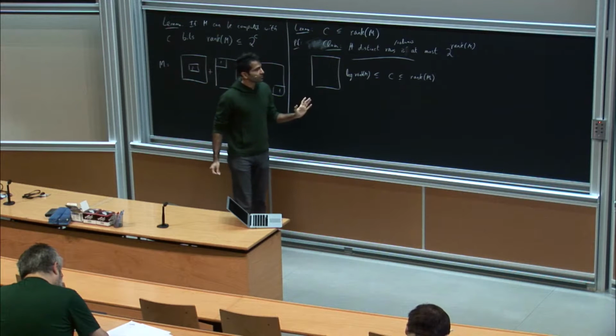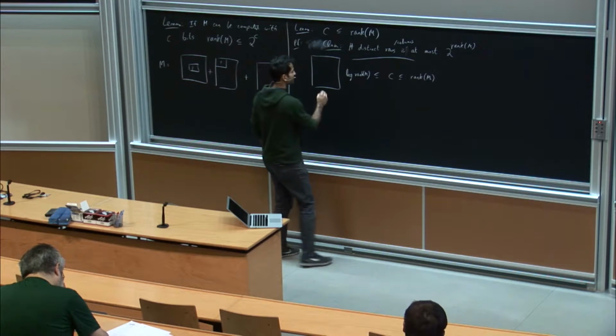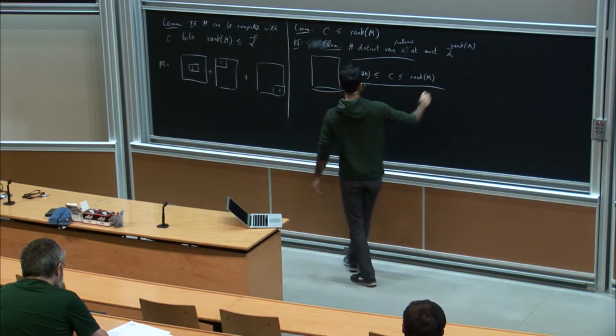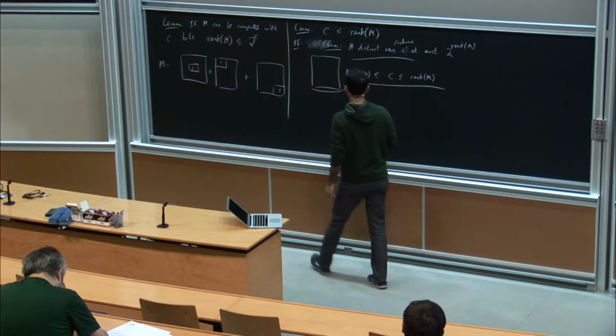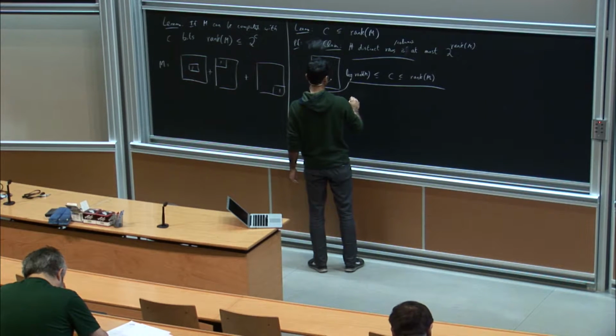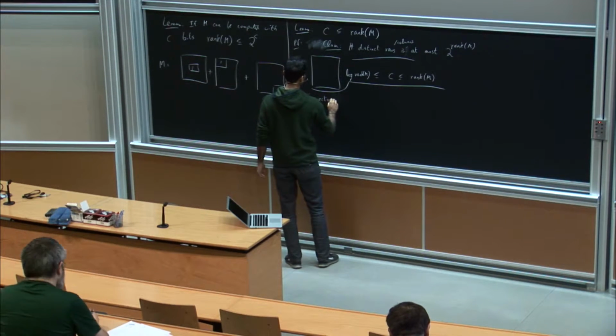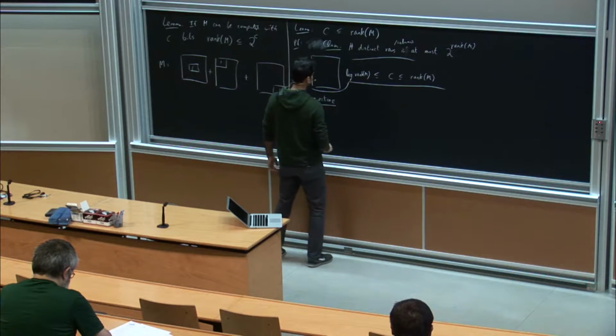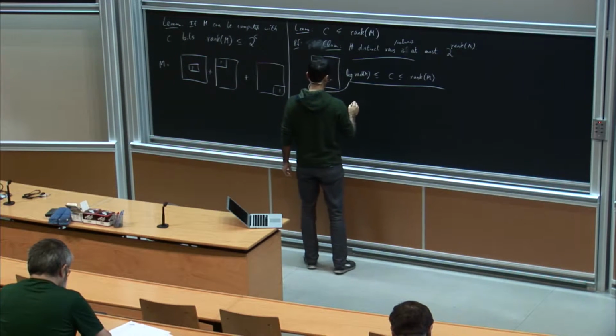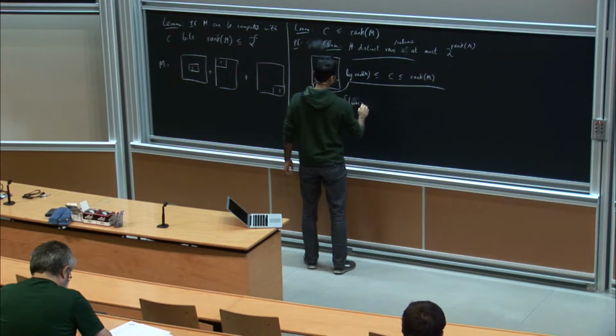But there's no better example. A famous conjecture of Lovász and Sachs, which is still open, is that the communication is always actually bounded by a polylog of the rank.